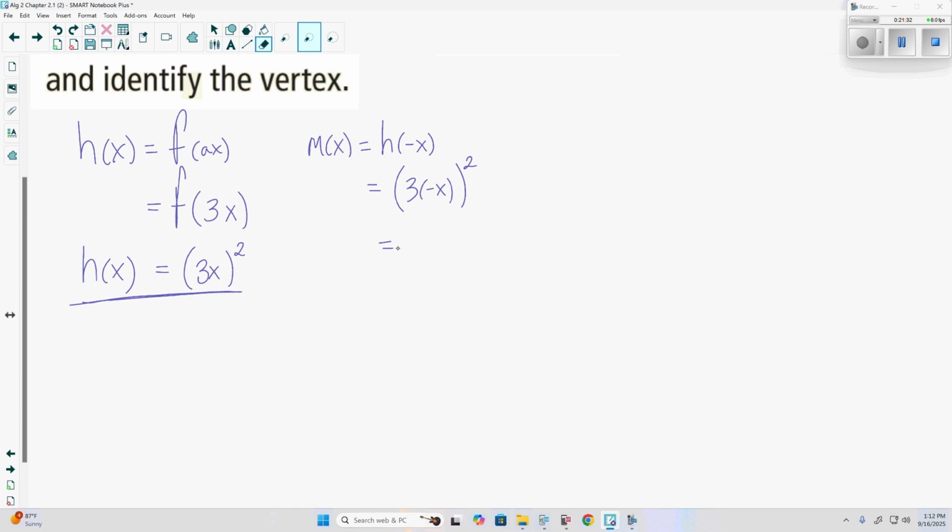Now at this point here, we can multiply. 3 times negative x is negative 3x. Now, I didn't say it here, but we're just going to leave it as negative 3x squared. We're going to leave it in that parentheses as it is right there. There's nothing wrong with multiplying it out, but we want to try to keep it, for at least these problems, as close to vertex form as we can.